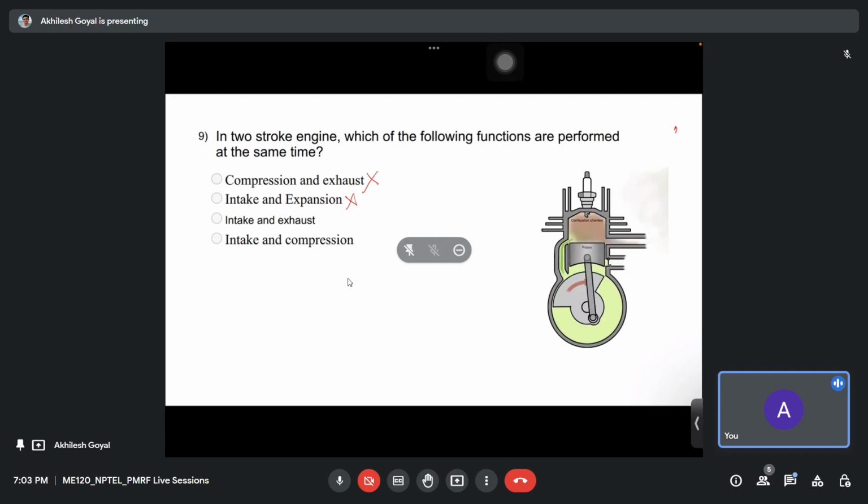Here you can see during the compression, intake also takes place as the air is coming from this port when the gas is being compressed, and also during the exhaust stroke, the burnt gases are going out from this, but the fresh air or air fuel mixture is coming from this port as well.